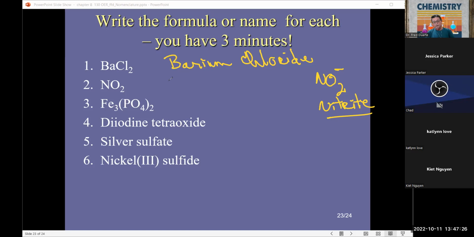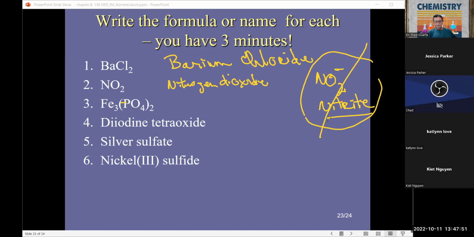And so we have base name nitrogen, and then oxide. Okay, then we do the prefixes. We only have 1 nitrogen, so that remains nitrogen, and then we have two oxides, so it's dioxide: nitrogen dioxide, not nitrite. Okay.